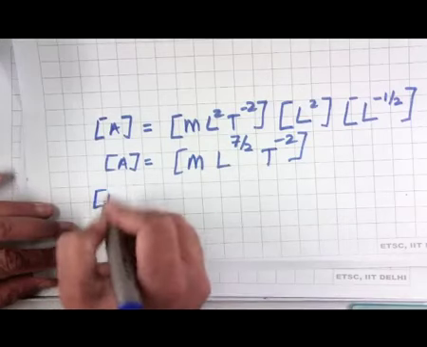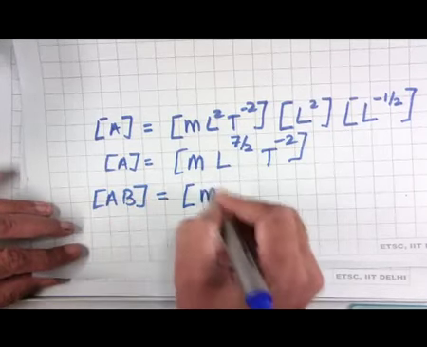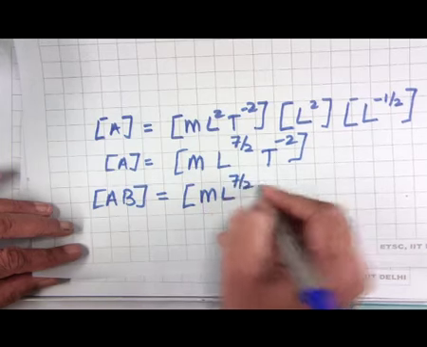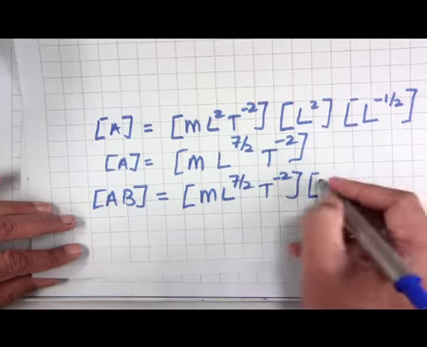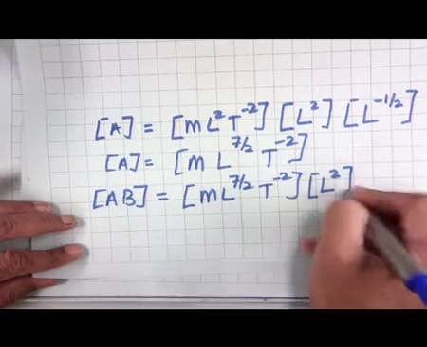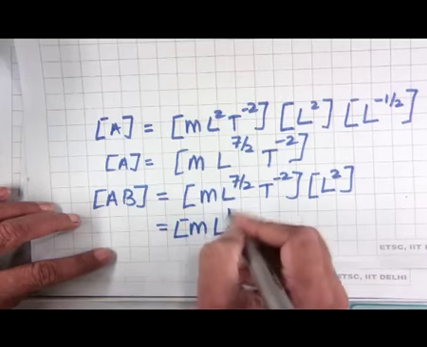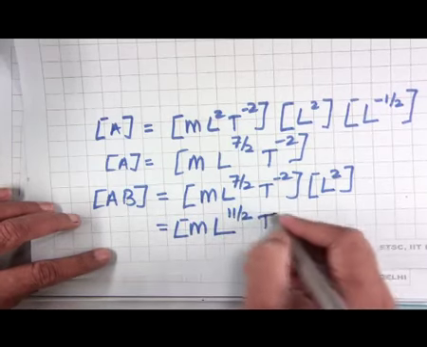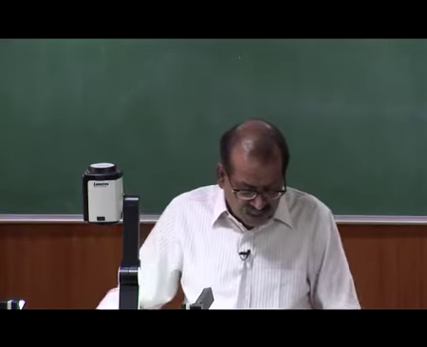Then we have to find the dimension of A times B. This will be equal to m L to the power 7 by 2 t to the power minus 2 times B, which is L square. So, the final answer we get is m times L to the power of 11 by 2 t to the power minus 2. So, these type of problems are basically quite simple.